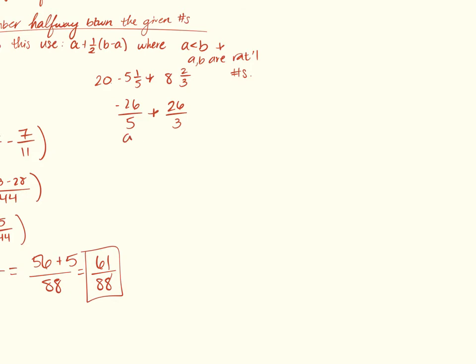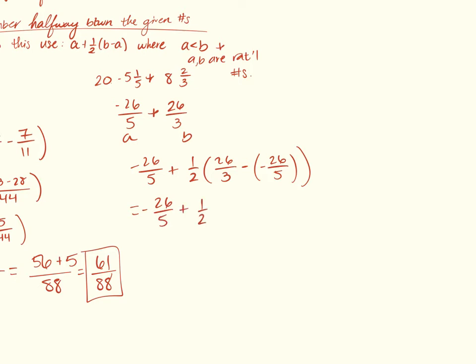So a is going to be negative 26 over 5 and b will be 26 over 3. So then negative 26 over 5 plus 1/2 times 26 over 3 minus a negative 26 over 5. So this will be negative 26 over 5 plus 1/2. This ends up being positive here.